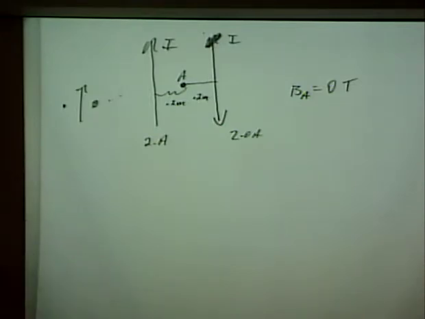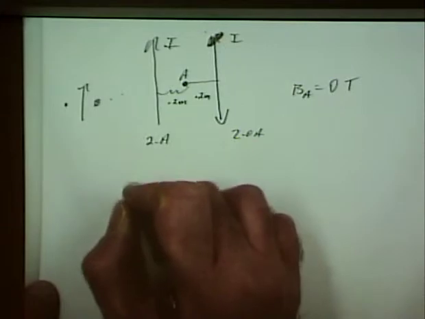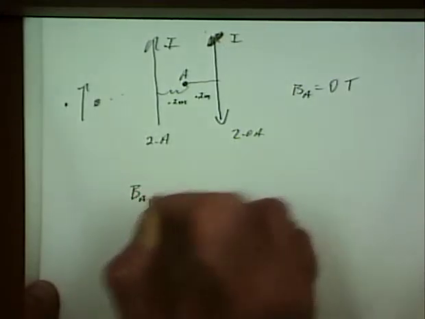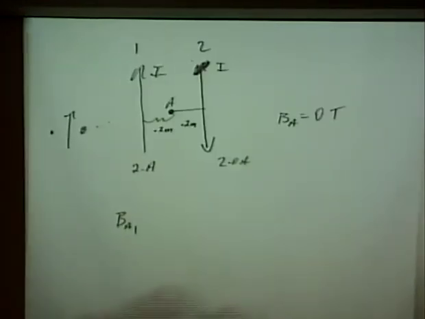All right, here you go. Let's figure out the B on A caused by wire 1. We'll call this wire 1 and this one wire 2.